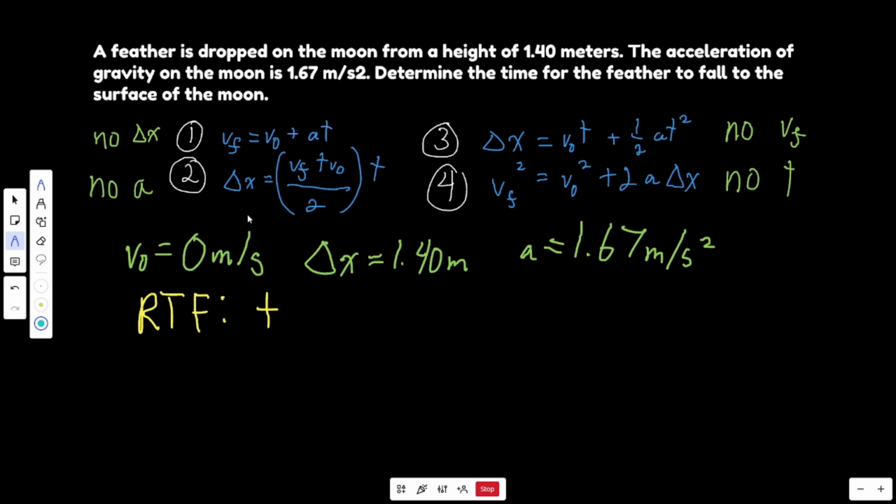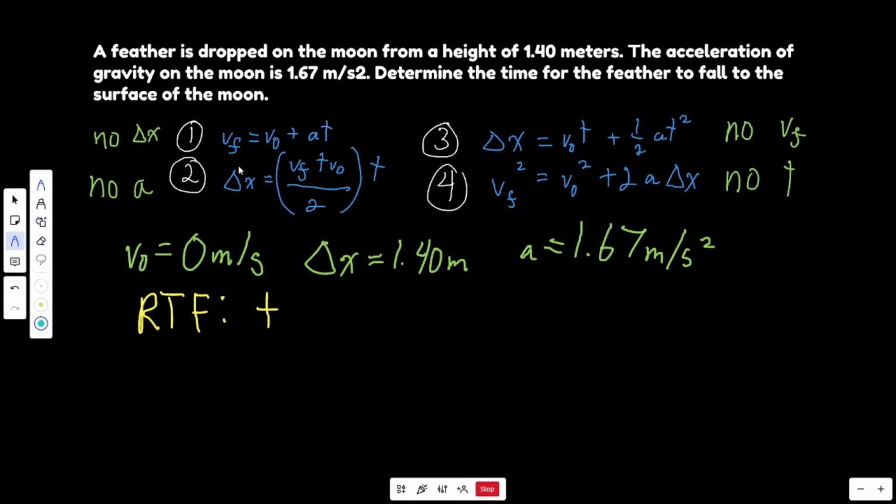We have initial velocity, we have delta x, and we have acceleration. So let's see which equation here uses these three. We're not given a final velocity, so I think we should use equation 3. So let's check. We can derive time using delta x, we have initial velocity, and we have acceleration. So this is correct. We need to use equation 3.